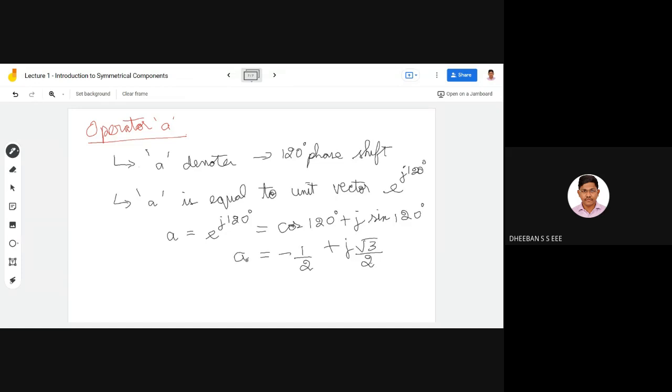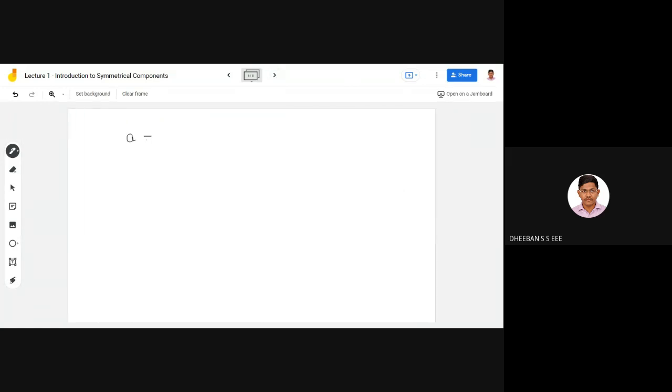This is generally your value of A. You can further simplify it to get A equal to around minus 0.5 plus j0.866. So A equals e power j120 degrees, which is equal to minus 0.5 plus j0.866.